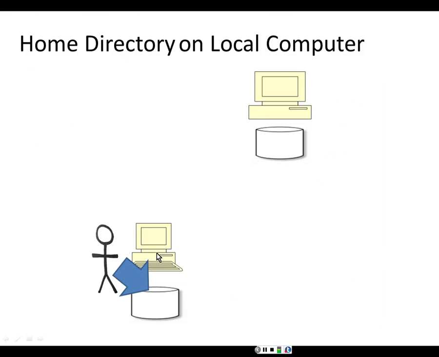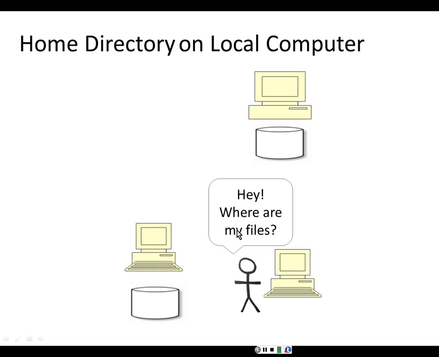If the user then goes to another computer and tries to open the file, the user won't be able to access the file because it was stored on the hard disk of another computer.